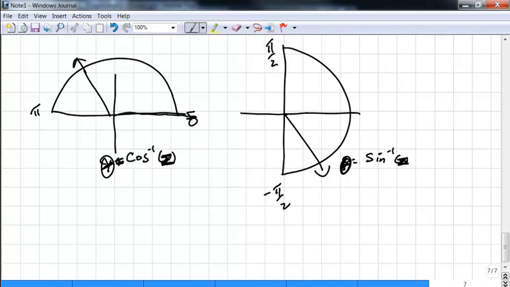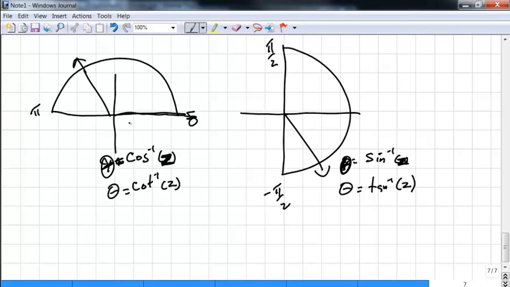What about tangent? When we restrict tangent, we restrict it to be in this region right here, so inverse tangent of something gives us an angle that's between here. Inverse cotangent was different. It was between 0 and pi. And what about inverse secant?